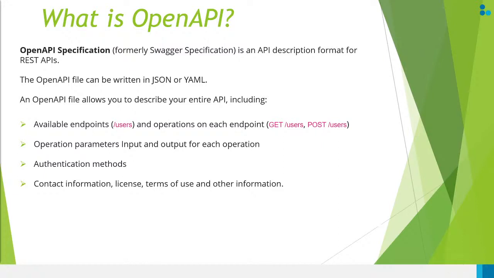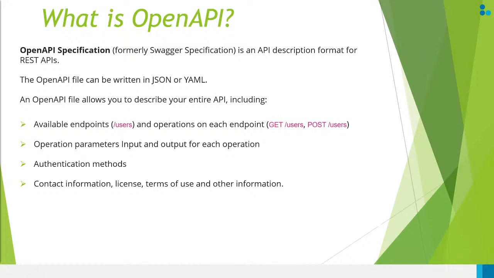Okay. So, what is so nice about the OpenAPI specification? It's very cool because it's the middle ground between the machine and the human being able to read the file. So with OpenAPI, we can write files in JSON or YAML, and from these files you get a lot of information about your REST API. Things like a map of all the available endpoints and the operations of each endpoint, like get users, post users, delete users, and things like that.